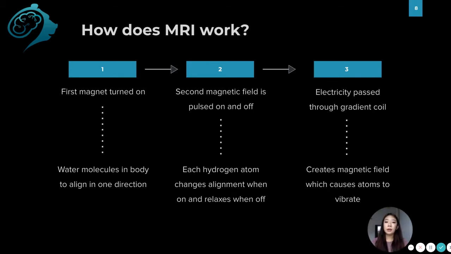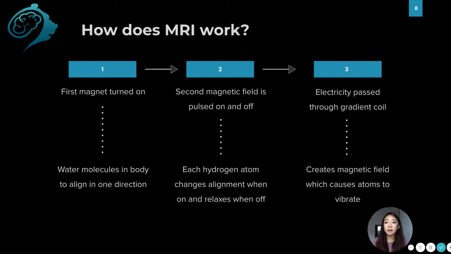So basically in an MRI, there's two magnets that produce two different magnetic fields. In chronological order, the first magnet is turned on, which causes the water molecules in the body to all align in one direction due to that sensitive hydrogen, that sensitive proton.